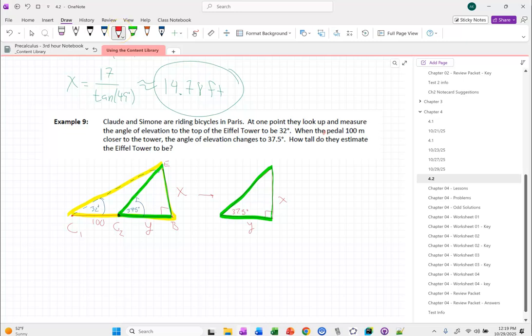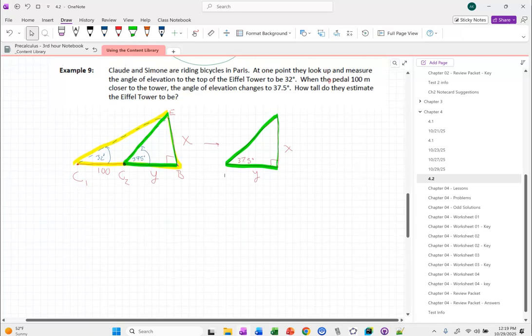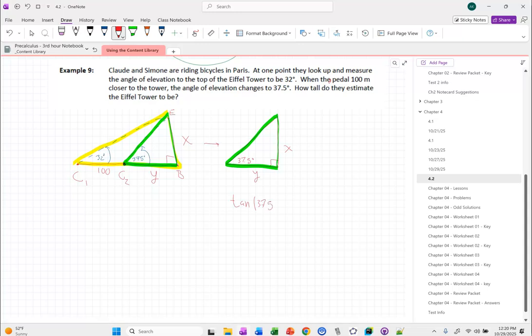So if I look at just the green triangle, I can say that tan 37.5 is equal to x over y. Everybody okay with what I did? Why would you do tan? Because the two sides that I care about are opposite and adjacent.